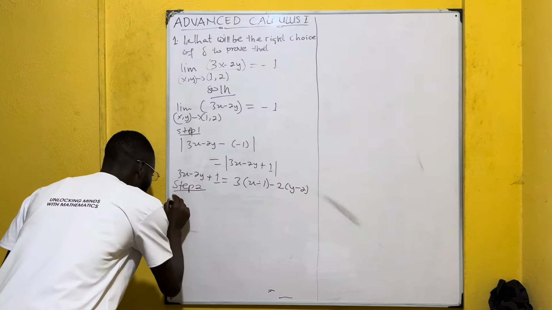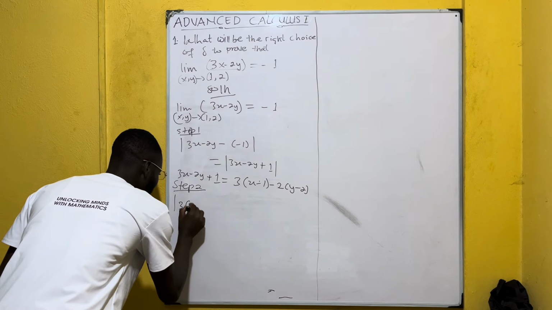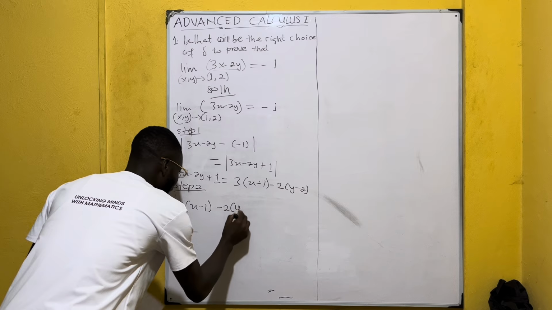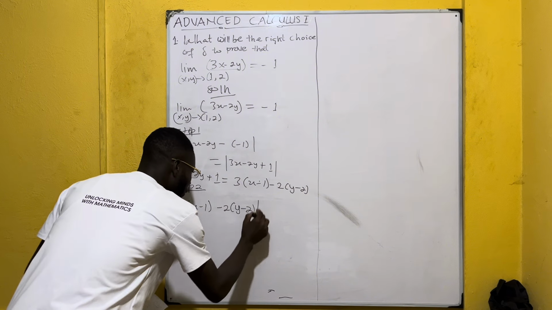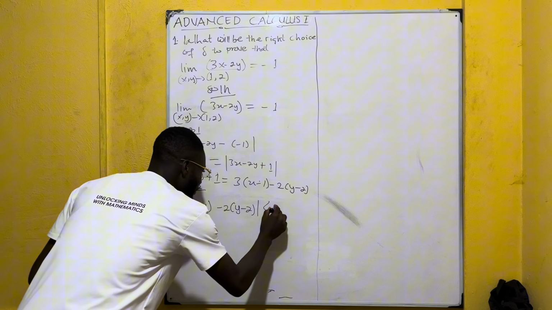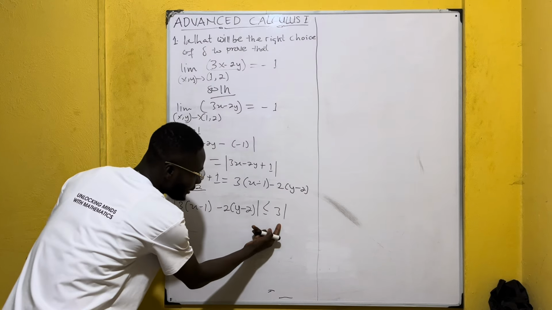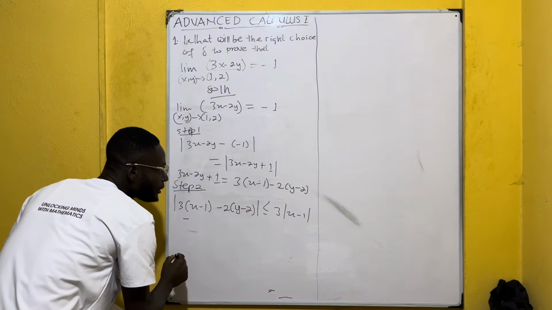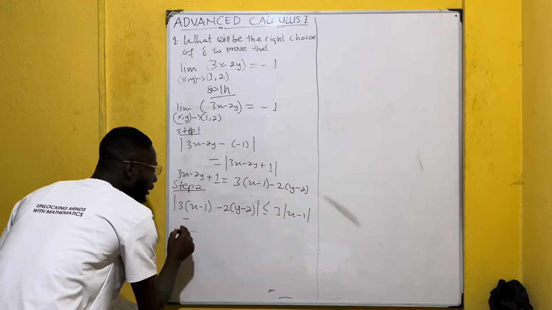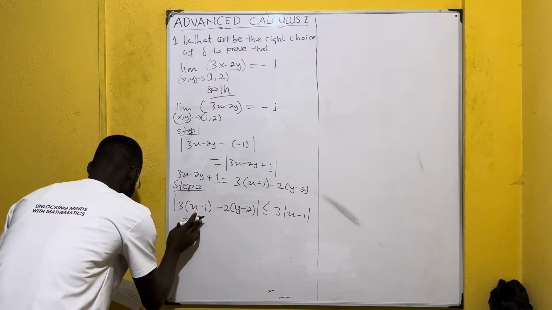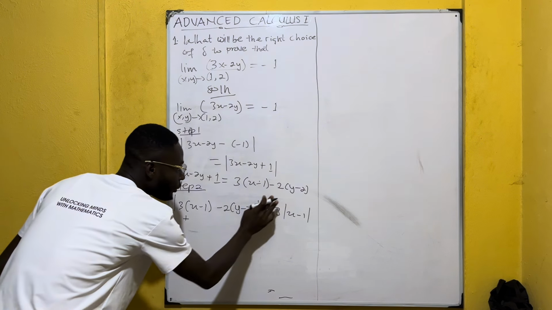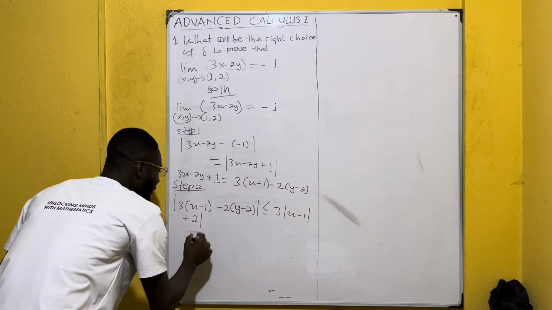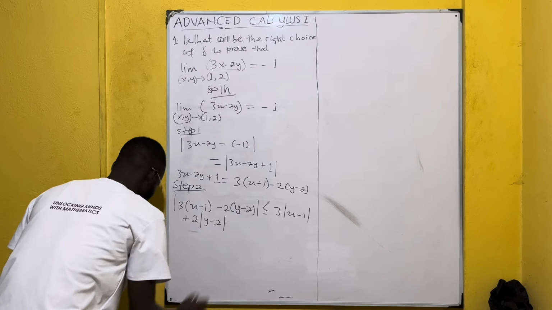So we are going to say that the absolute value of 3 times (x minus 1) minus 2 times (y minus 2) is less than or equal to 3 times the absolute value of x minus 1, plus, because of the absolute sign, a positive 2 times the absolute value of y minus 2.